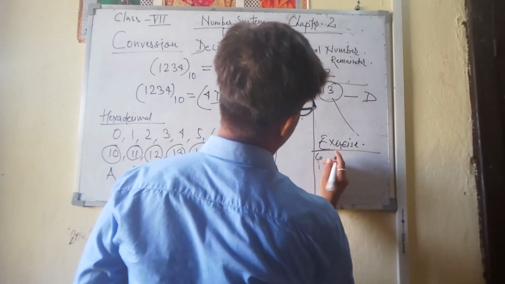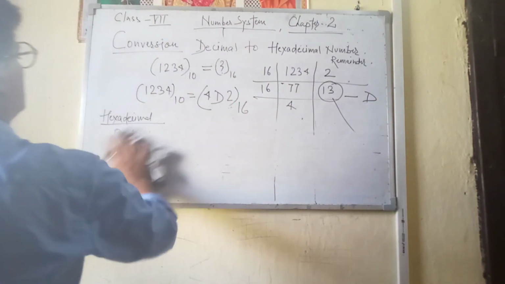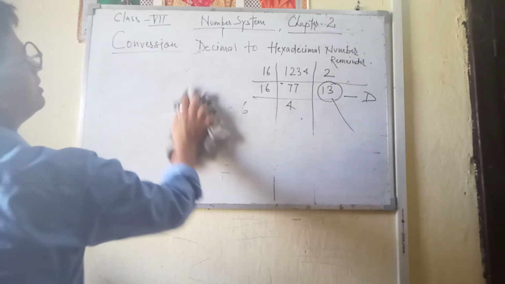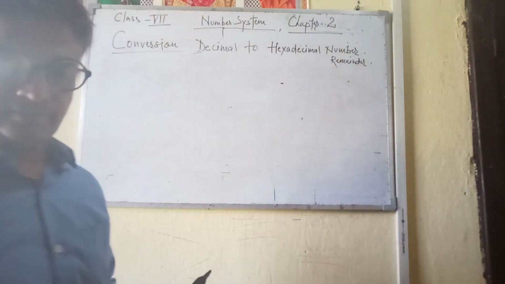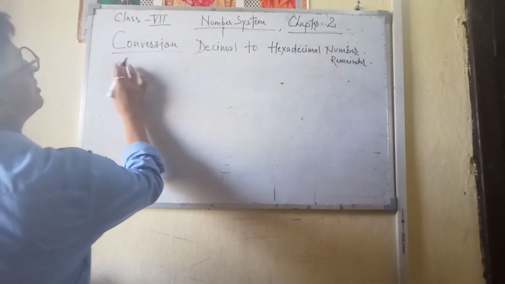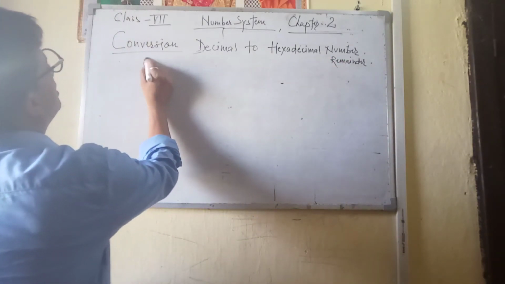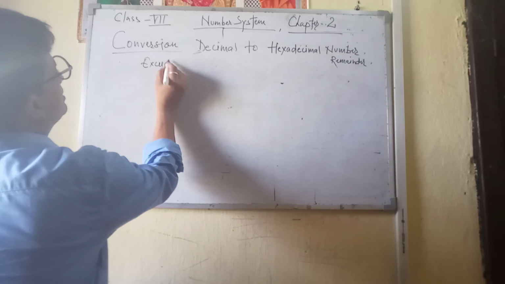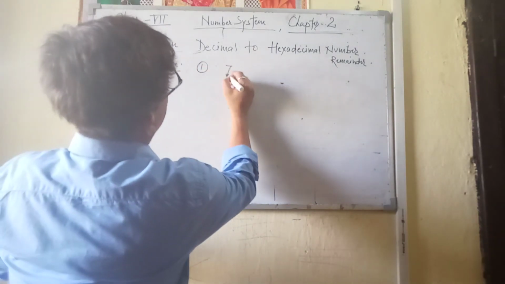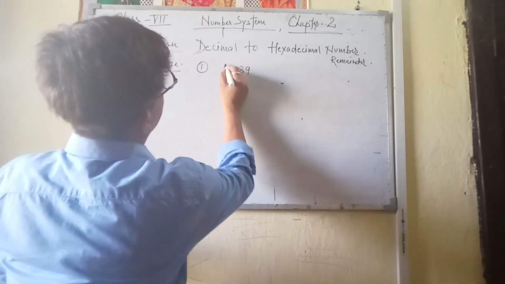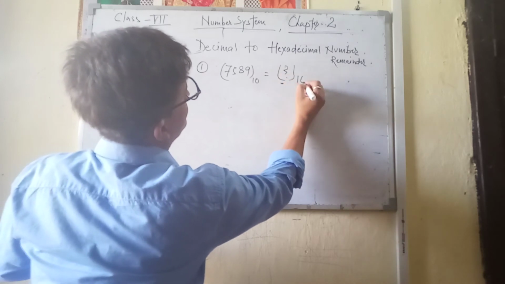Like conversion, decimal to hexadecimal. Exercise question 1: 7589 decimal, convert to hexadecimal.